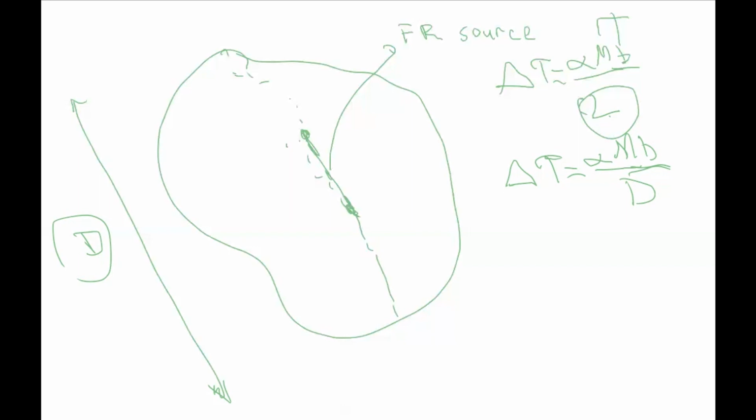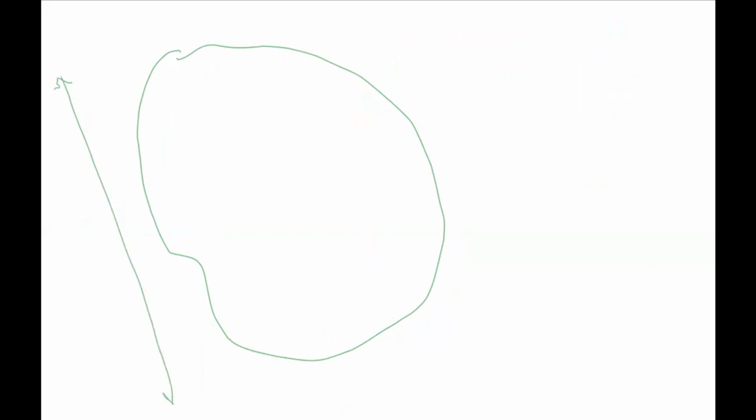And we will have something like this. Let me draw it again. We have the grain size is D. Then we have the Frank-Read source. And the dislocation loop occurs once we have tau equal to mu B over D. Then we will have something like this.